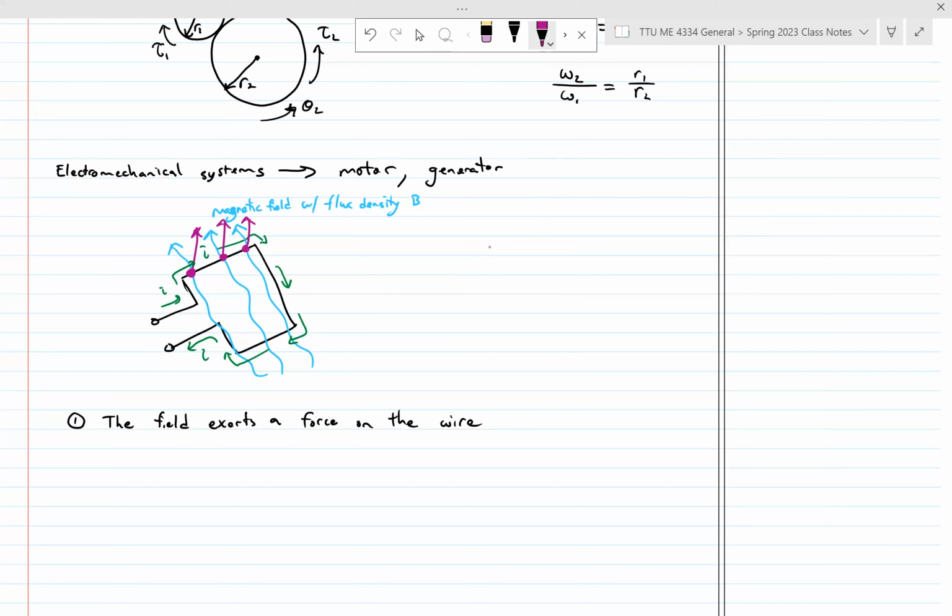Over here, because the relationship between the current and the magnetic field is the opposite, it's trying to push it down. This is our force F. Our force F is equal to, and this is very simplified dynamics for motors, the magnetic field's flux density, B, times the length of the wire, times that current.